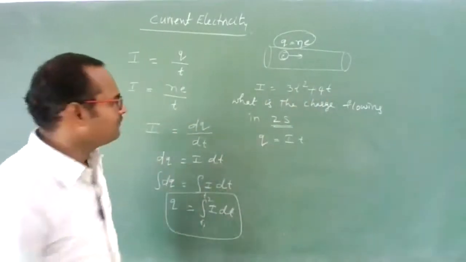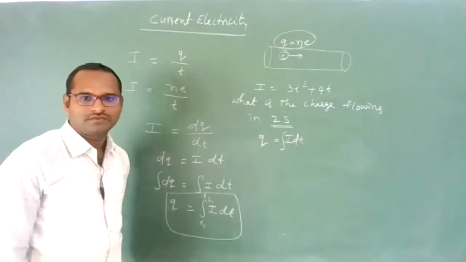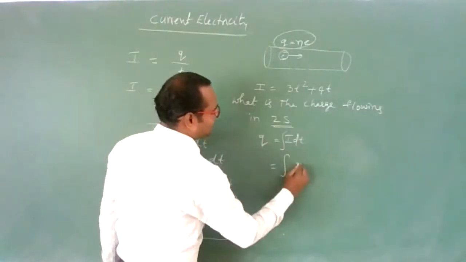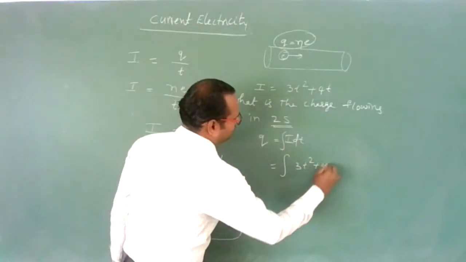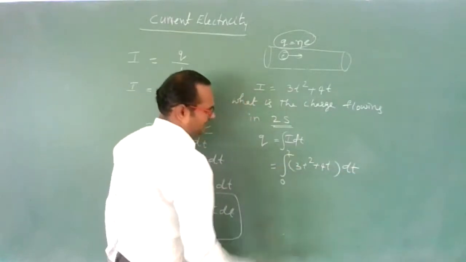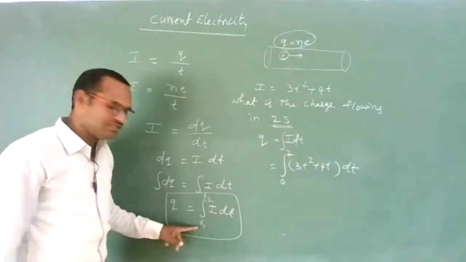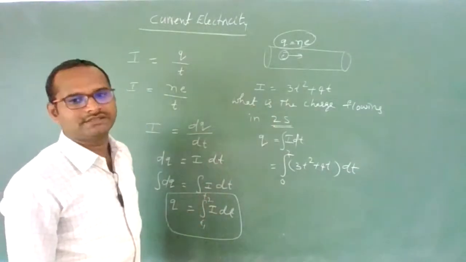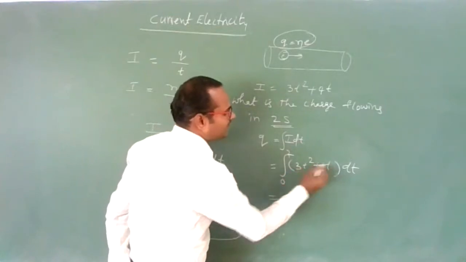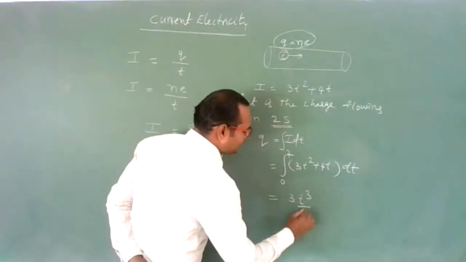So what should we do? We should do integration of I dt. Integration of I, given as 3t square plus 4t, into dt, and time is from 0 to 2 seconds. Time limits within 2 seconds we want. T1 is 0, and you take T2 value as 2 seconds. So what will you get? 3 is constant, integration of t square dt gives t cube by 3.